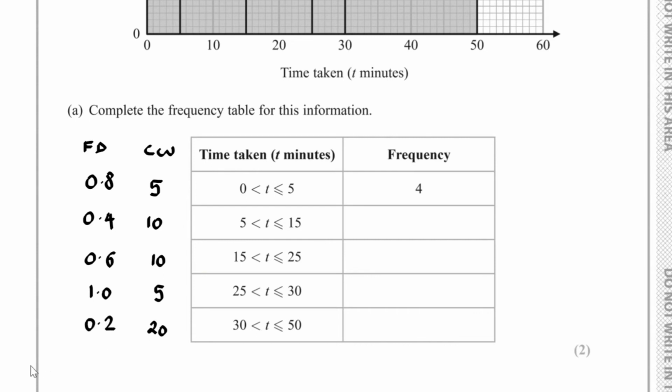And what we can do to find the frequencies is multiply the frequency density by the class width. 0.8 times 5 is 4, 0.4 times 10 is 4, 0.6 times 10 is 6, 1 times 5 is 5, 0.2 times 20 is 4. So here is the completed frequency table.